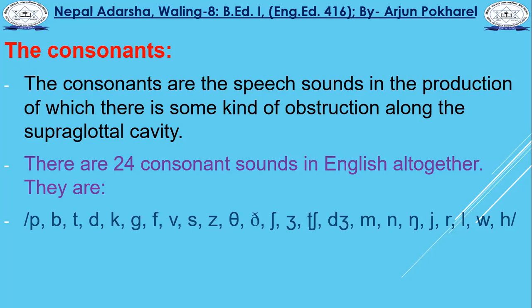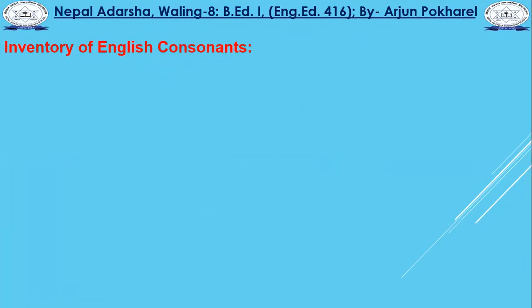Now let's move to the next one, the inventory of English consonants. What is the inventory of English consonants? What are the examples? The same consonants: pa, ba, ta, da, ka, ga.